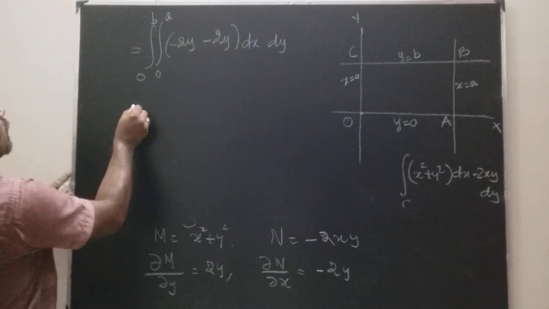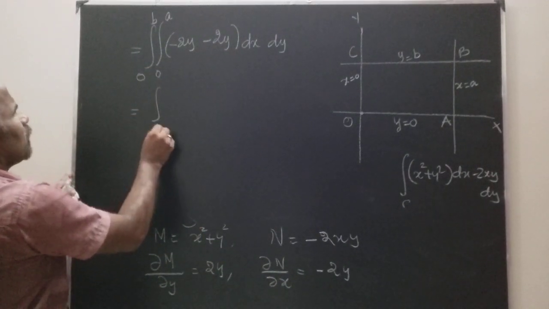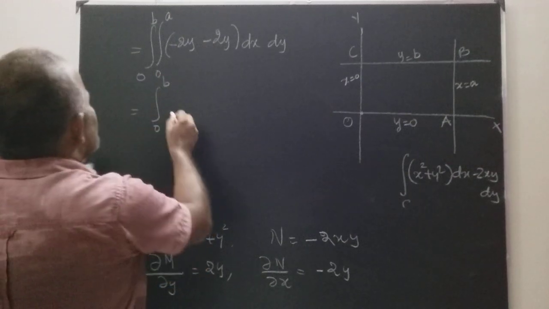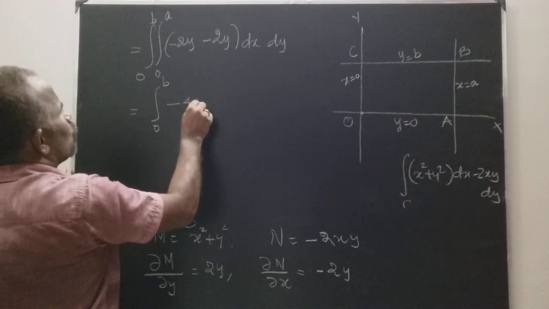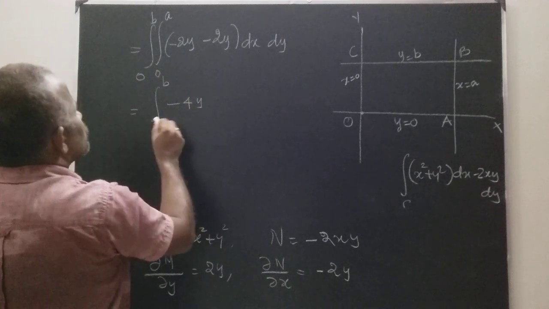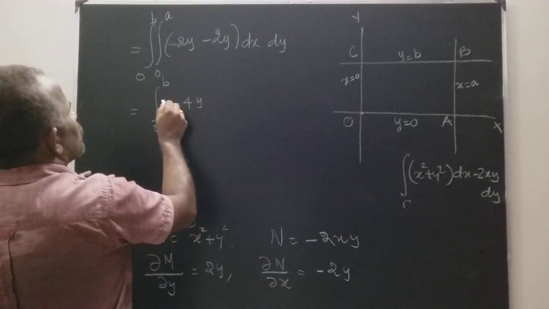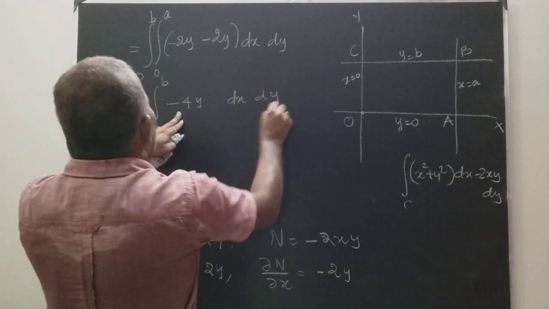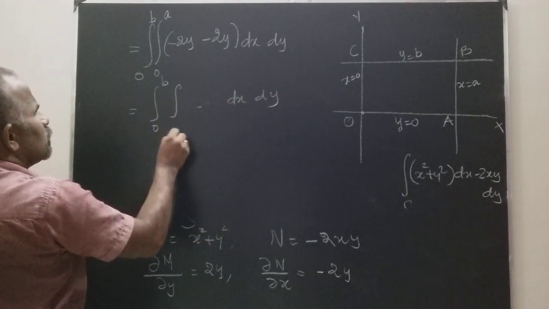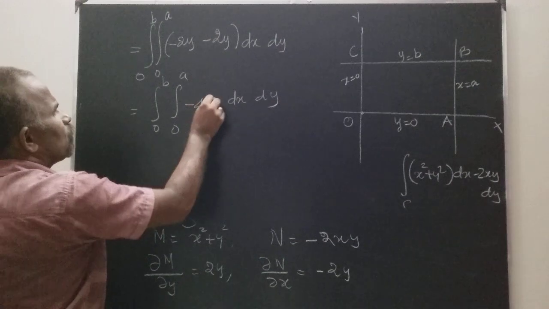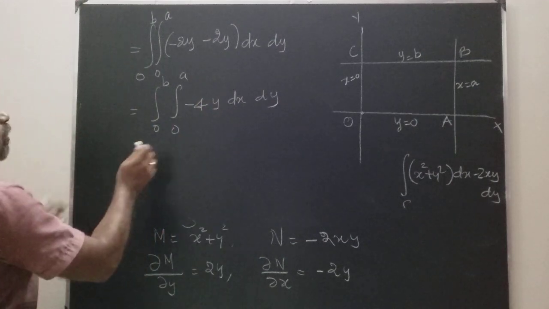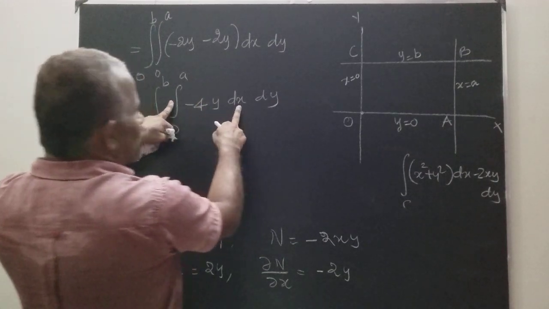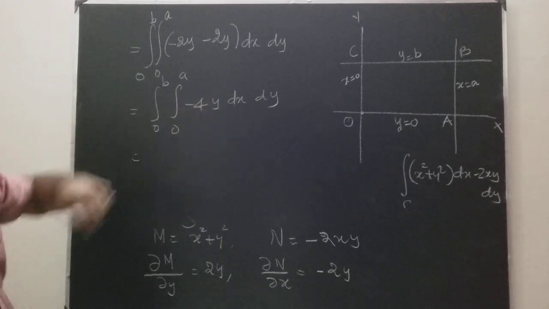So this is equal to the integral 0 to b of minus 4y into dx dy. Now we integrate with respect to x, keeping y as constant.